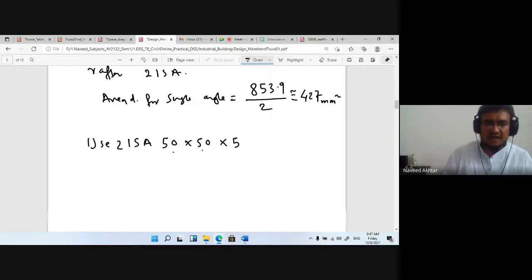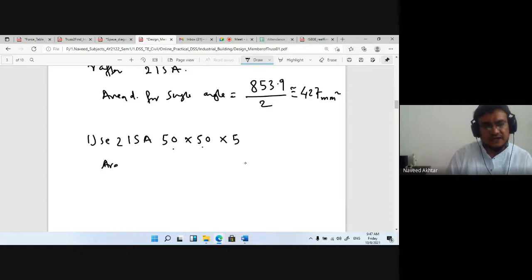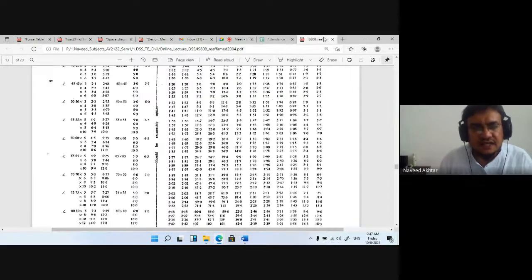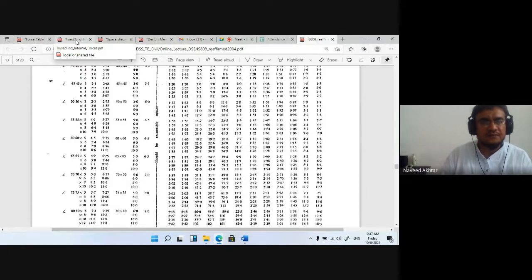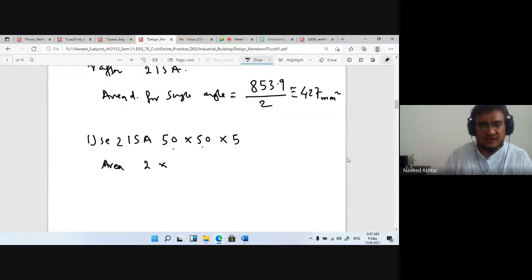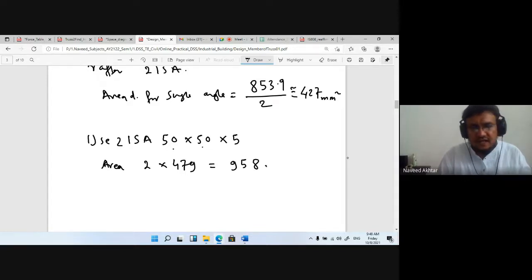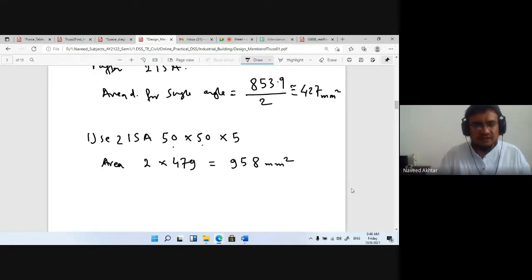The area will be 2 into single area of ISA 50 by 50 by 5, 479 mm square. 2 into 479 is equal to 958 mm square.